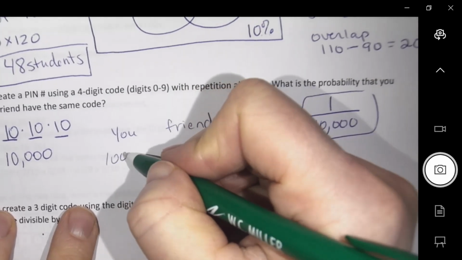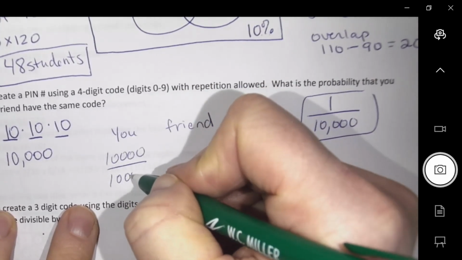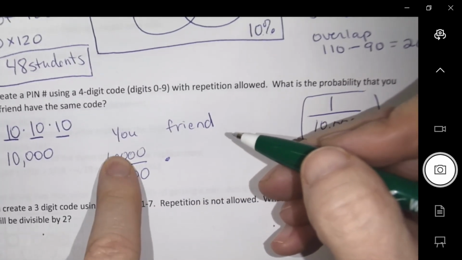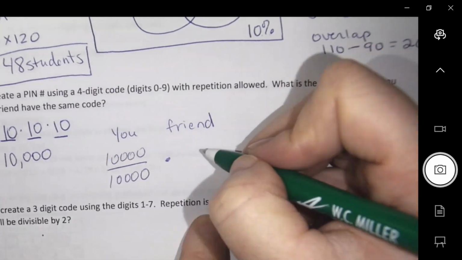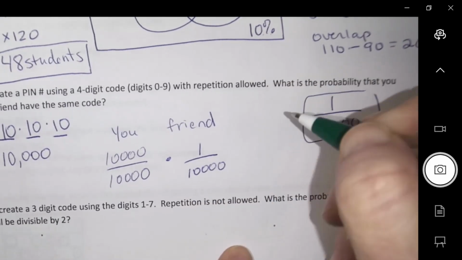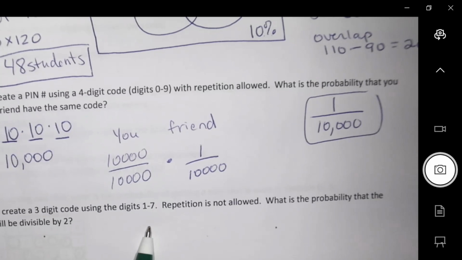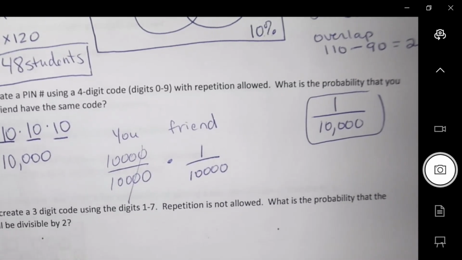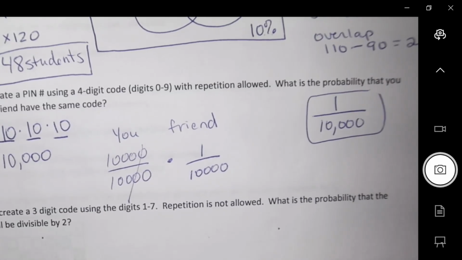So you would have 10,000 options out of 10,000. And then if your friend wants to have the same, they would only have one option out of the 10,000. And obviously this cancels, and that's how I get it. Those ones are just a 1 out of. So if you want to end up with the one possibility, it's a 1 out of.